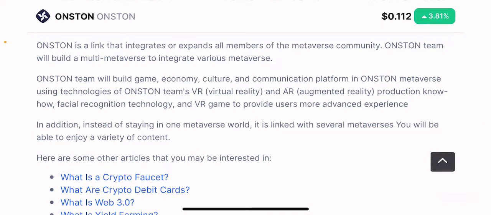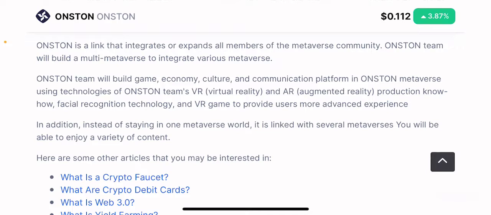So what is Onston? Onston is a link that integrates or expands all members of the metaverse community. Onston team will build a multi-metaverse to integrate various metaverses. So they're trying to focus on creating a link between multiple different metaverse projects so that they can all be linked together, right?